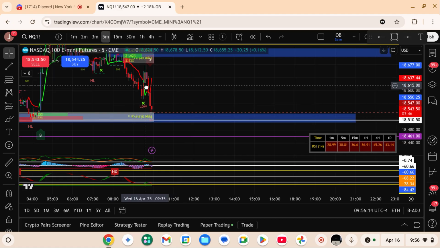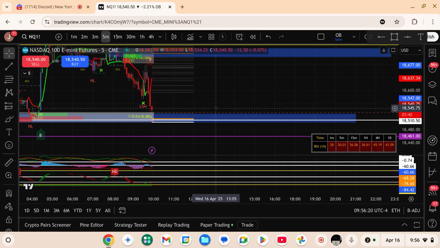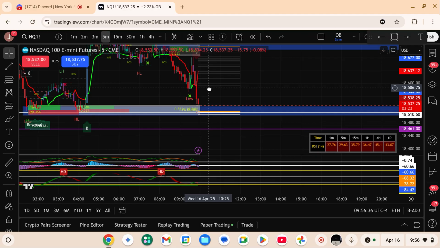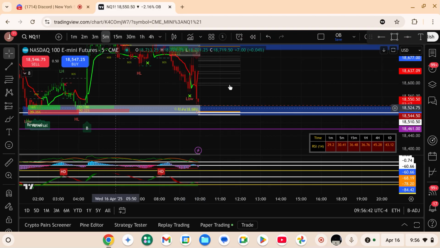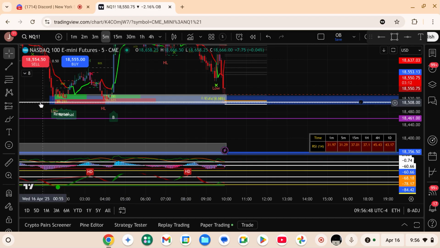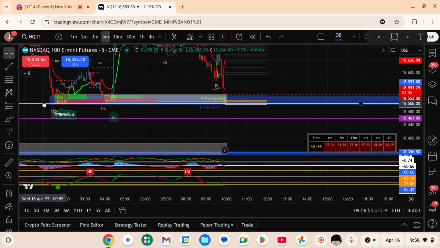We got a few more minutes until 10 o'clock. See if we could get a reversal here or a continuation. Either one, I'm fine with.